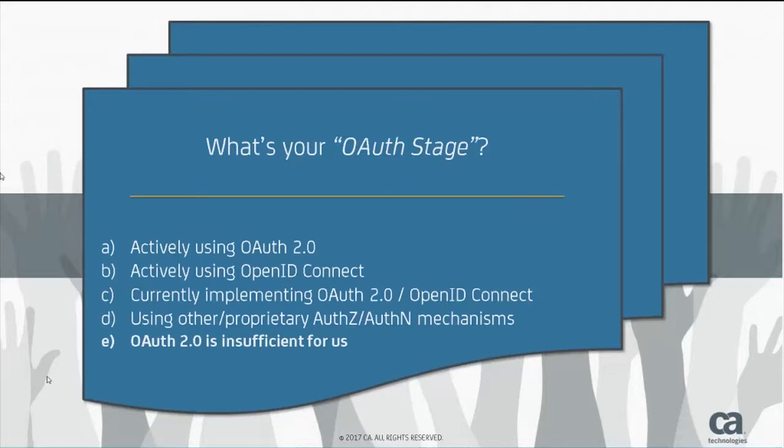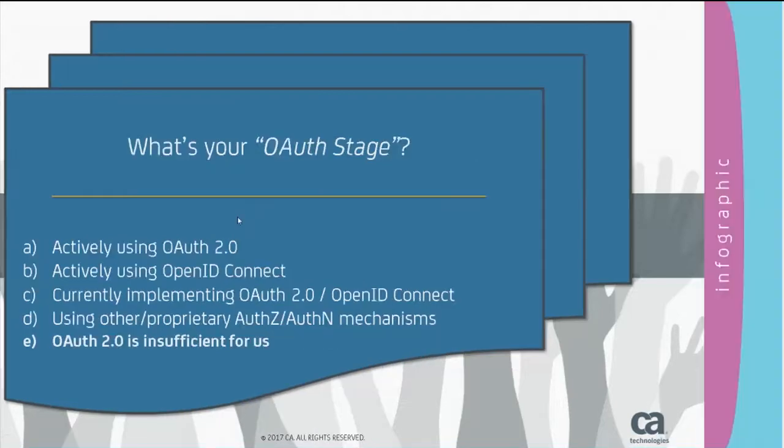Perfect. So that's interesting. We've seen responses, let's say 30% actively using OAuth, 25% currently implementing, and 15% using other mechanisms, and the rest didn't respond.